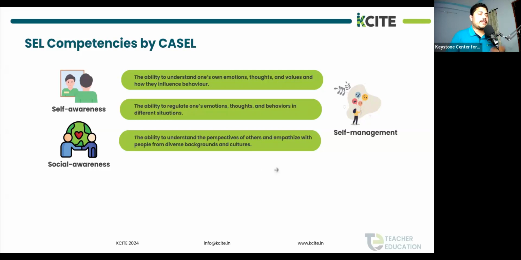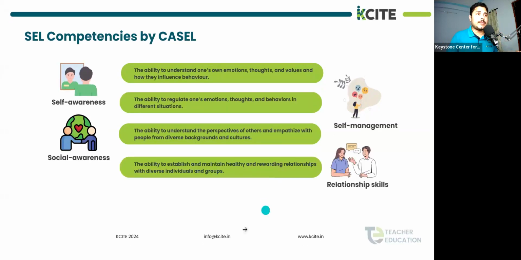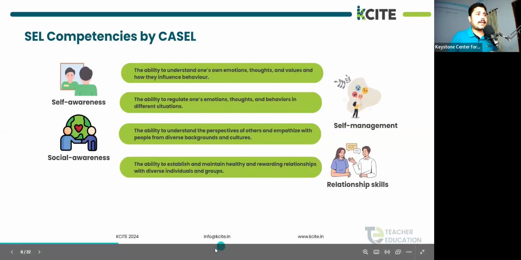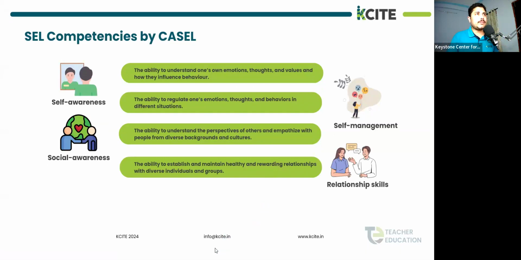After this, the next important thing is building the relationship. Whatever strategy we conduct in the class, in that social environment, what do we do so that they build that relationship with one another? This is the ability to establish and maintain healthy relationships.